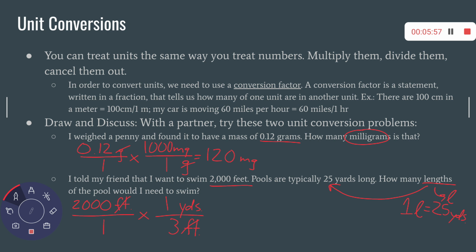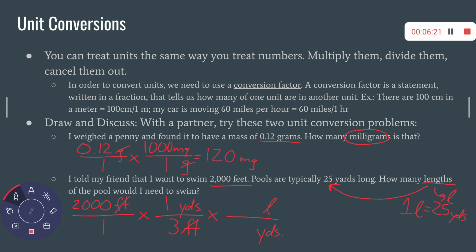That's one step closer to our end goal, but we're not quite there yet. So we need to multiply another fraction. In this fraction, I want to cancel yards. So I'm going to put yards on the bottom so I can cancel it out. And I want to get into lengths of the pool. And so I'm going to put that on top in my numerator. Now I have to figure out my conversion factor.